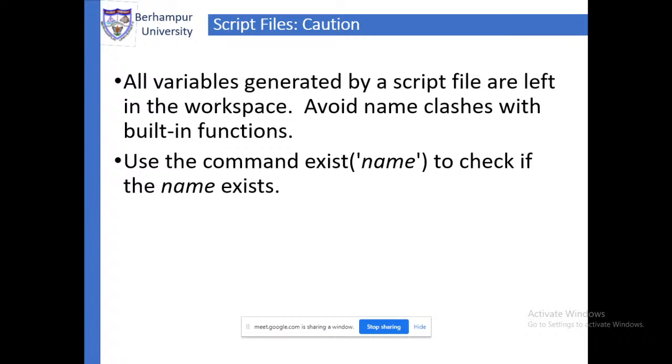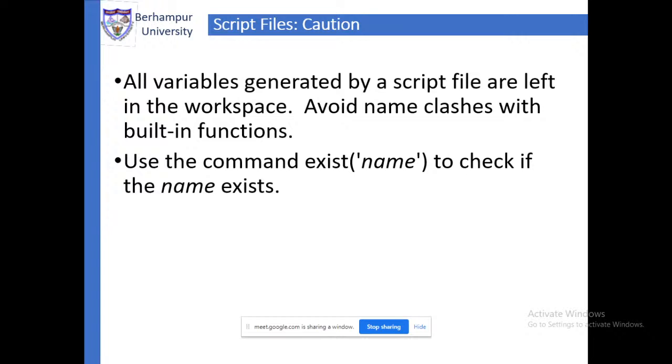Before defining xyz, if you are in doubt, go to the command window. In the command window, write exist, then within the bracket, start quote mark, xyz, quote mark end, bracket ends.